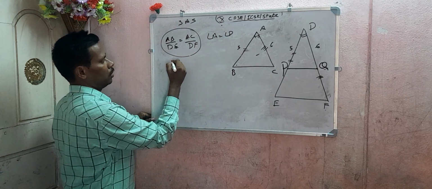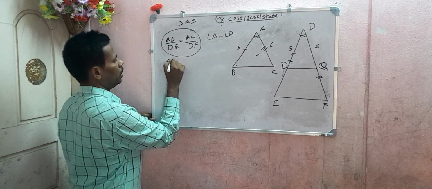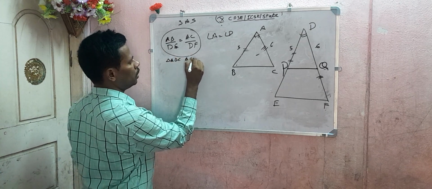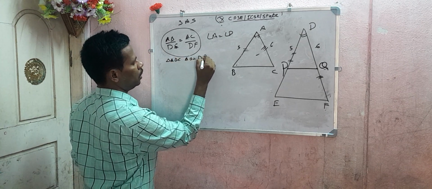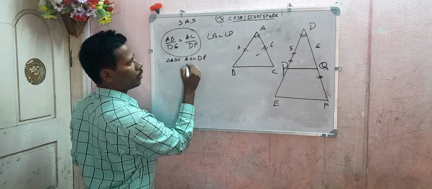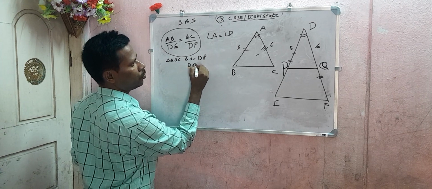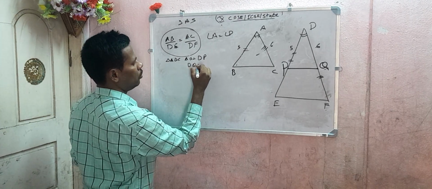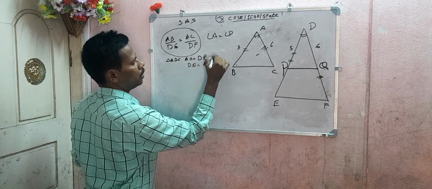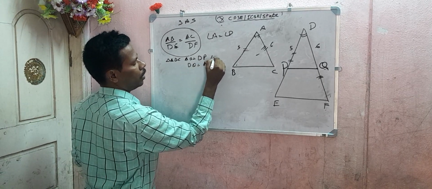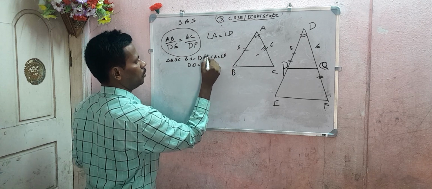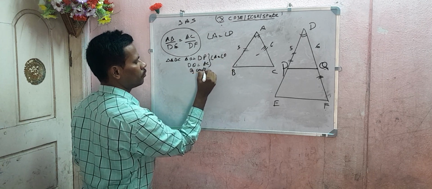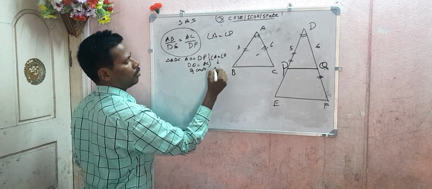That means in triangle ABC, AB is equal to DP and DQ is equal to AC. Also angle A is equal to angle D.